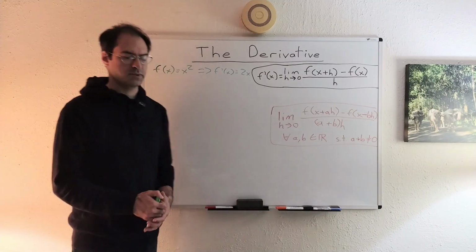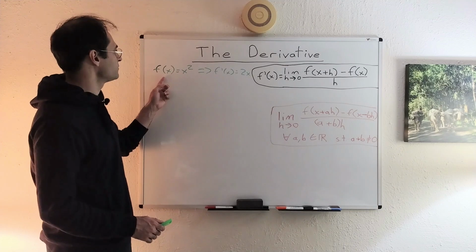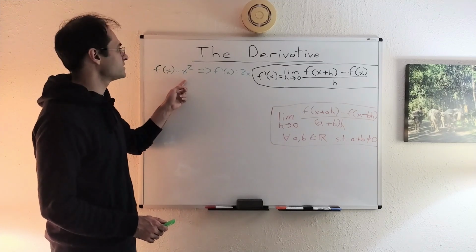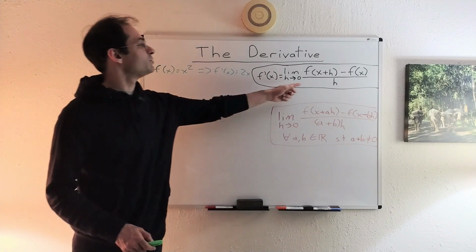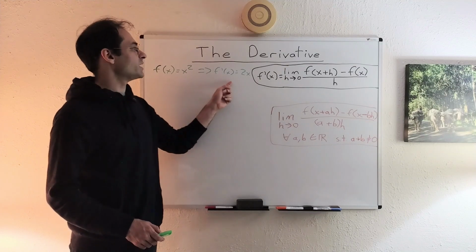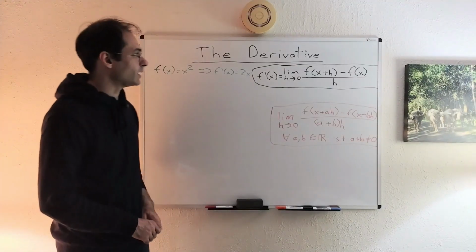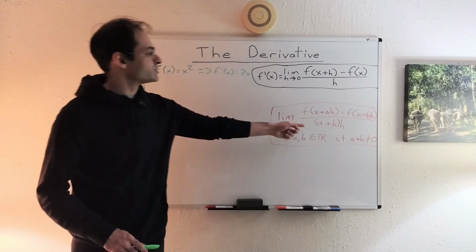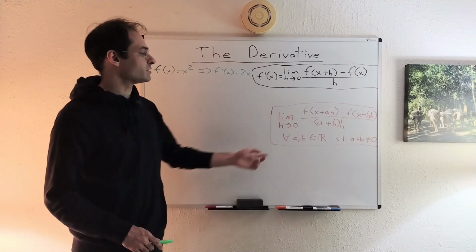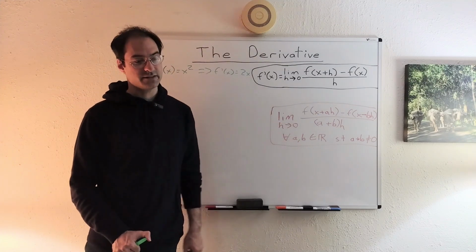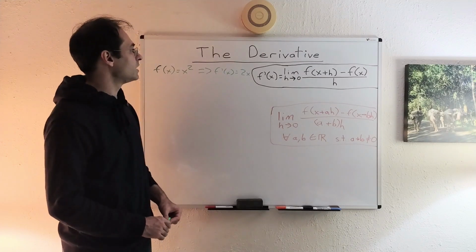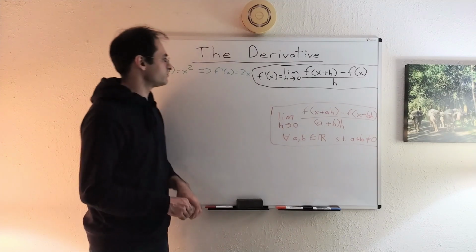Okay, so let's look at a specific example. I've chosen a specific function here, f of x equals x squared. And if you work it out the usual way, we'll get f prime of x, the derivative, equal to 2x. But let's use this way to get the same result. I'll leave a and b as general, and we'll use this function here.